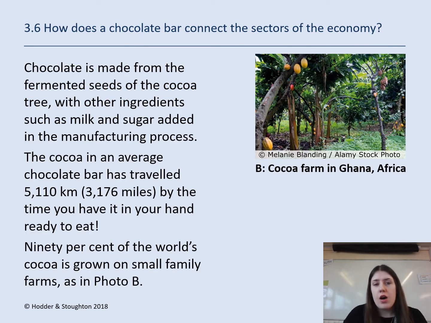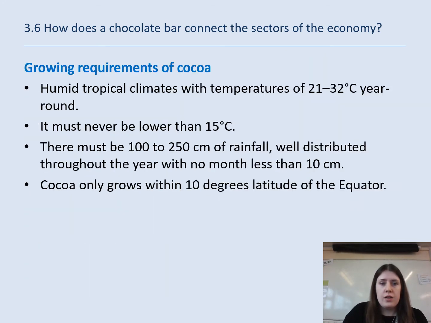Pause the video here and just read the information, and you can take any notes you would like. Okay, now that you've taken notes and read through the information, we're moving on to the next slide. You can pause it again and read through this information. Once you've read through the information, it's important to note a few things.